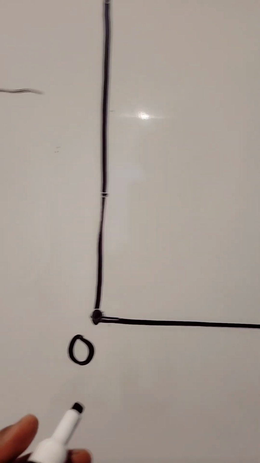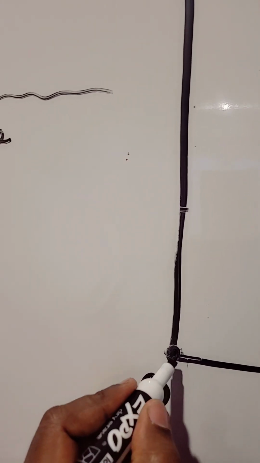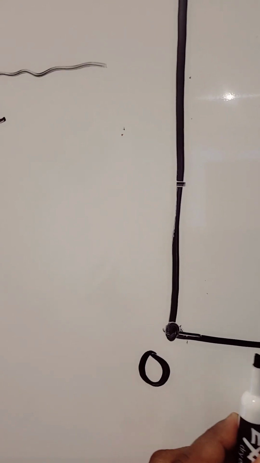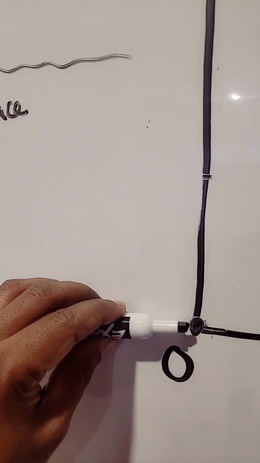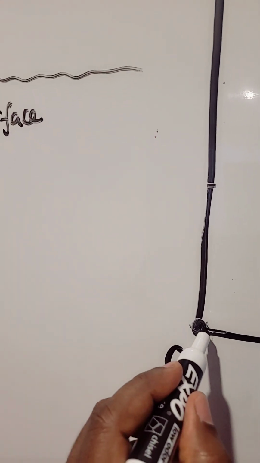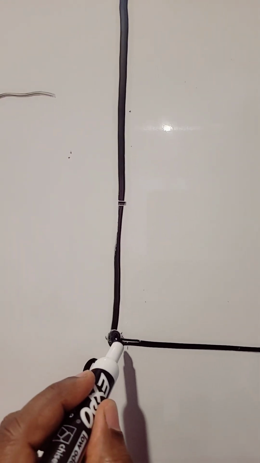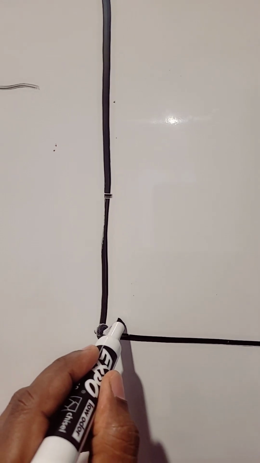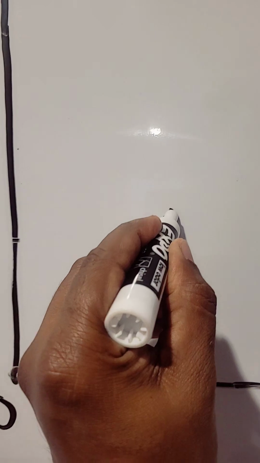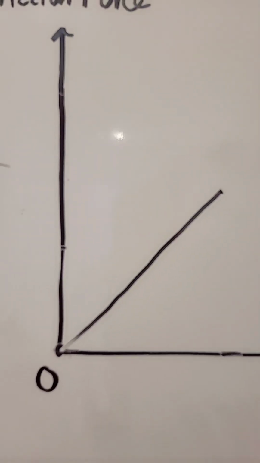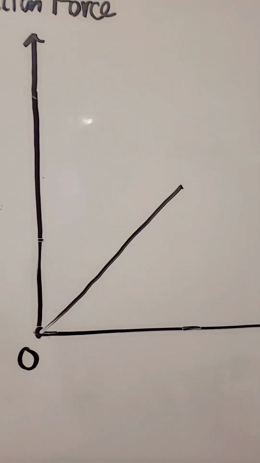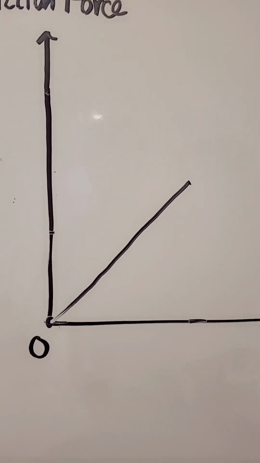So then the graph is going to look like this. So this is the applied force. You are going to increase the applied force gradually. As a result, the static friction is going to increase gradually. And then the data will fall along a line like this. Okay, so this part is what we call the self-adjusting region for the friction force.